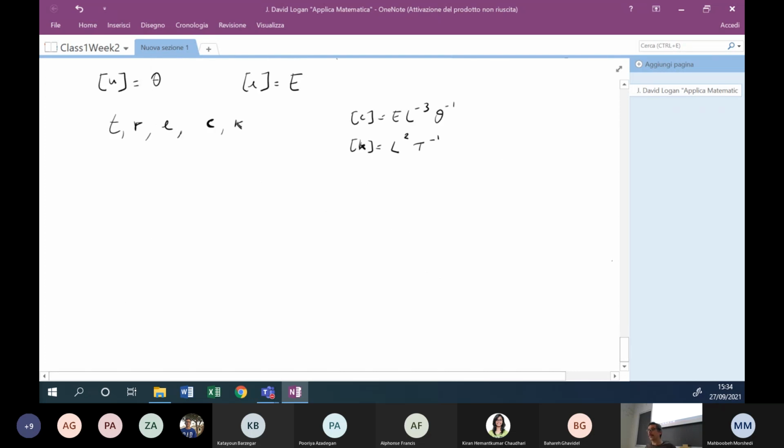Okay. So let me conjecture that my physical law is a relation between u, t, r, E, C, K equal to 0.